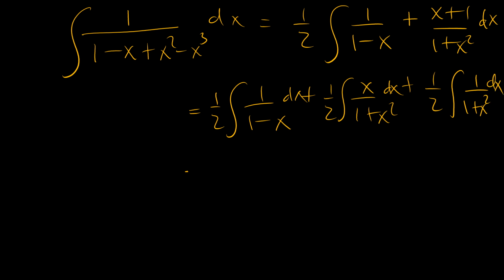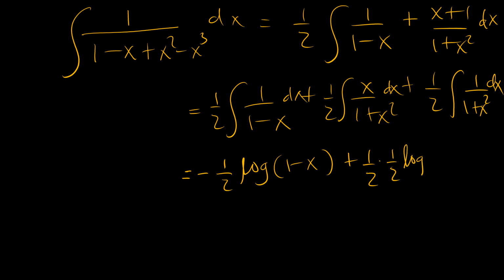So from here we can clearly see that this is negative a half natural logarithm of 1 minus x. Plus, we can see here it's a quarter natural logarithm of 1 plus x squared, because when you differentiate 1 plus x squared, you get 2x.